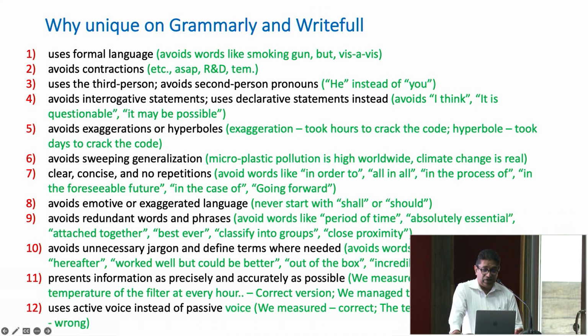For example, avoid I think. You can say, I think in this experiment, your results are the best. It is questionable. It may be possible. So all of these are not proper quotes for you to put into your manuscript.